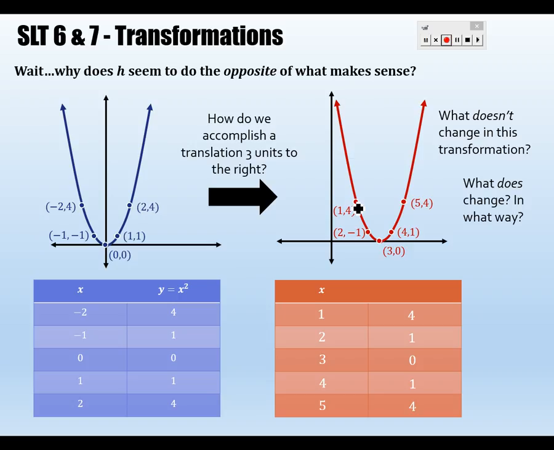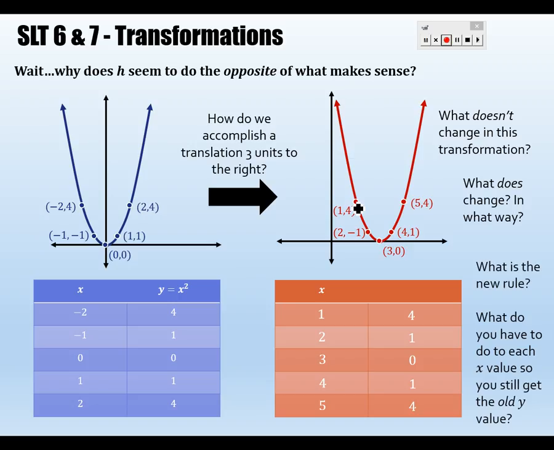We're doing well. Now the only thing I haven't filled in here is the rule. So my last question is, what's the new rule? And this is the question right here that will change your life forever. What do you have to do to each x value here in order for you to get the old y value? Certainly when I square 1, I do not get 4.